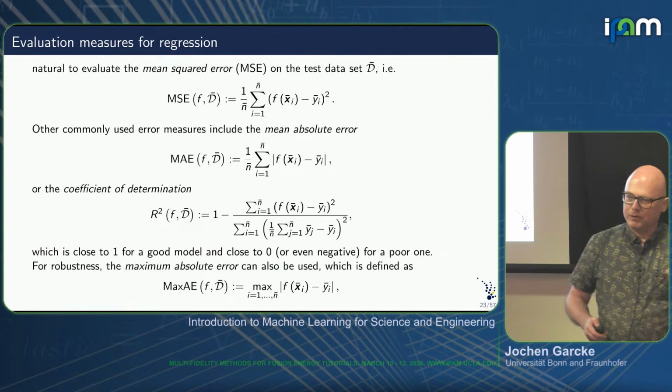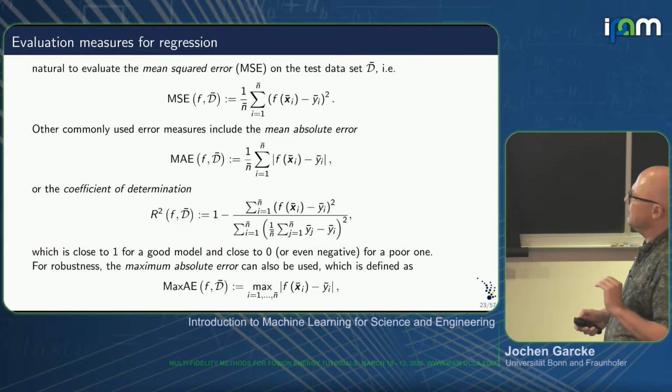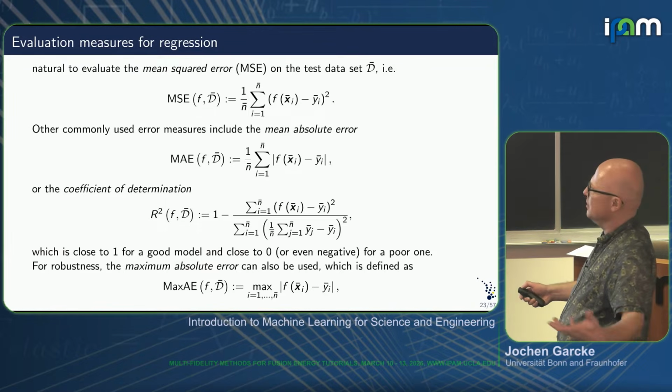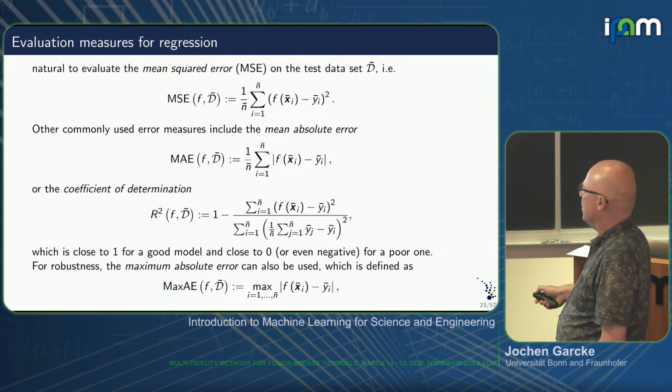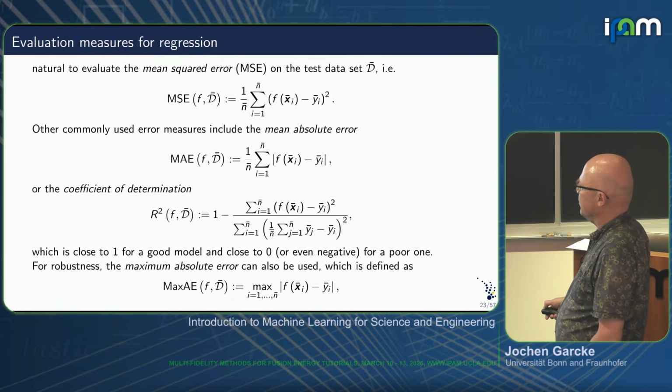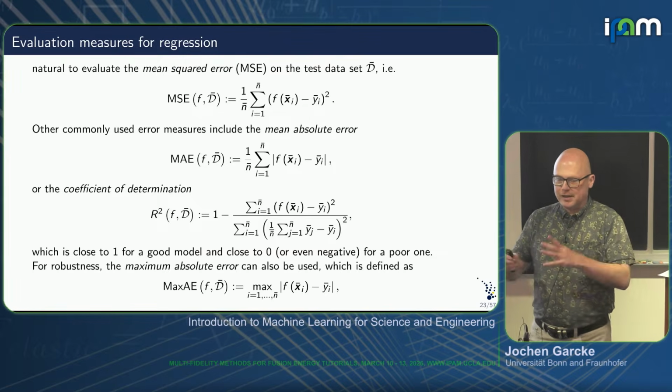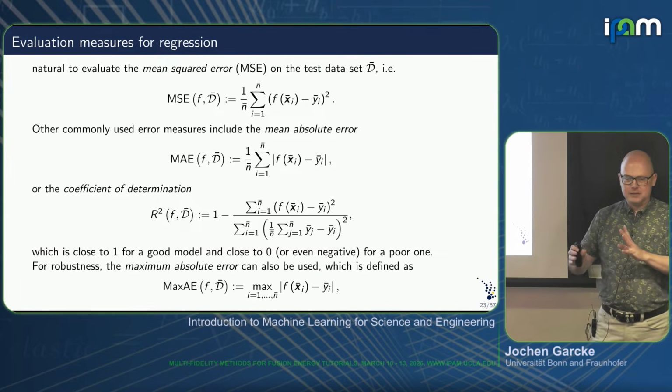And also measure more than one error. So we have the L2 error, which we put in the loss, but it doesn't hurt to always measure mean absolute error, the R² value, the coefficient of determination, or maybe maximum absolute error, because these tell you slightly different insights.